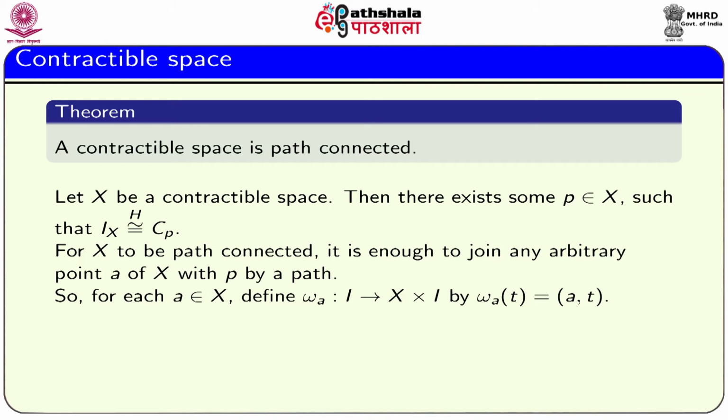So for each A belonging to capital X, we define a function W_A from I to X cross I by W_A(t) equal to the pair (A, t).